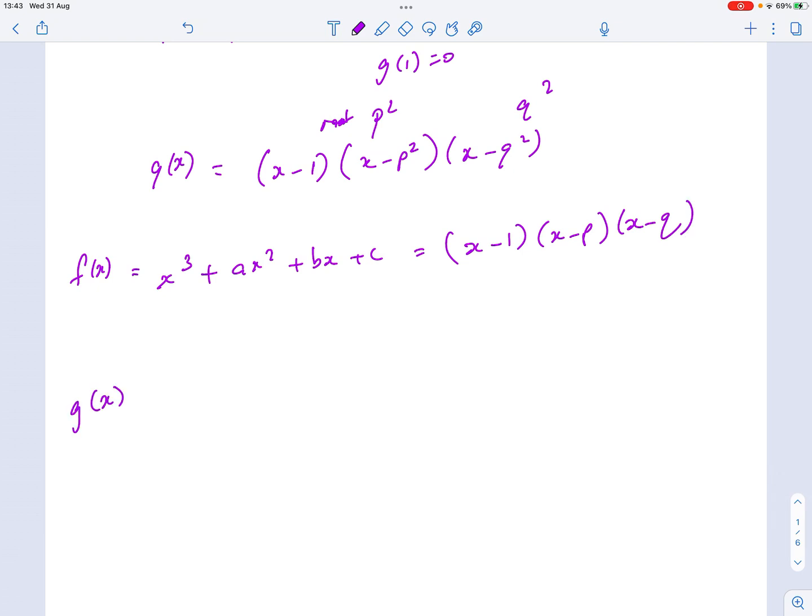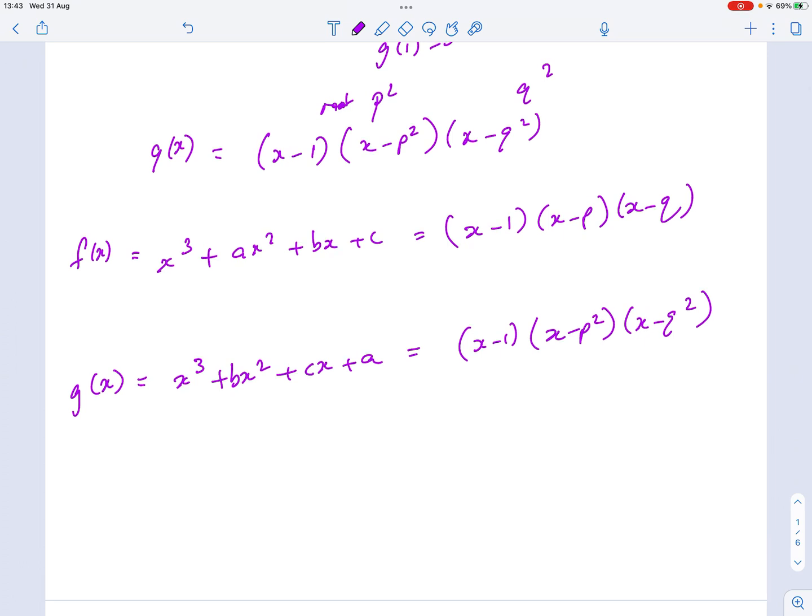And g of x was given as x cubed plus bx squared plus cx plus a, and that's equal to x minus 1, x minus p squared, x minus q squared.